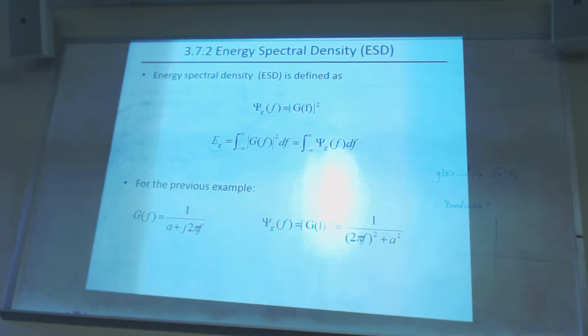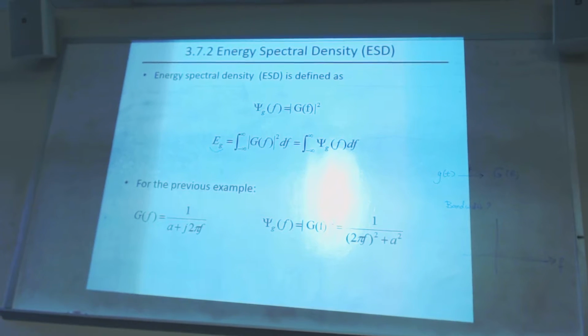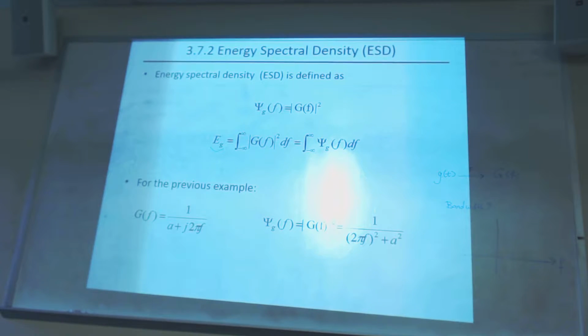Anybody remember? It's the point where the cutoff frequency is. What do you mean by cutoff frequency? 1 over square root of 2. No, that was called something else. That was just the cutoff frequency. Is it just the range of frequencies? The range of frequency, the maximum frequency that they have.